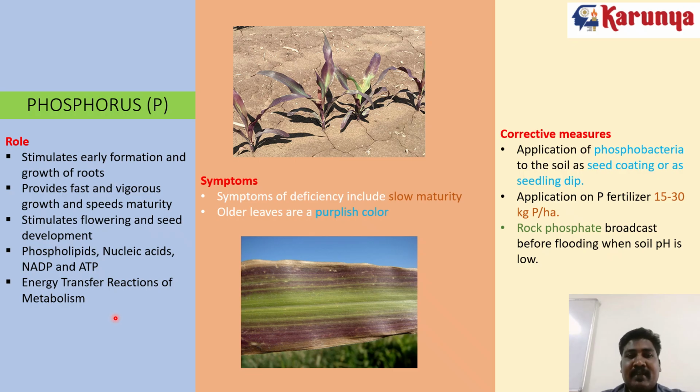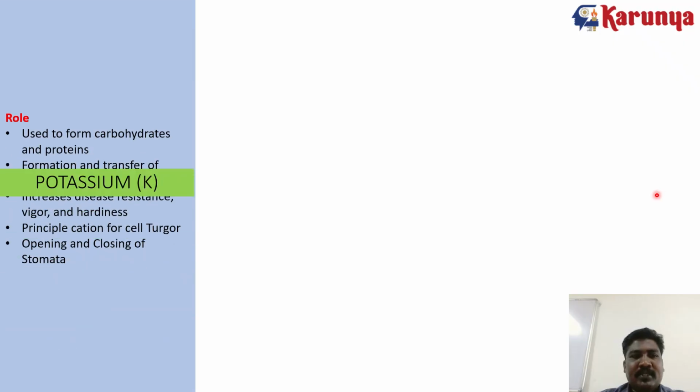Extreme pH levels, more than 8 as well as less than 4, will make the phosphorus unavailable, held by iron, aluminum, and in alkaline soil, calcium. So to alleviate this problem, you can apply rock phosphate for better availability of phosphorus.